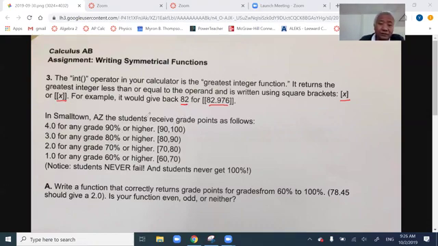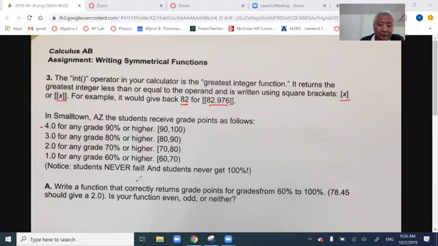Right now, we need to use this greatest integer function to do the calculation, because they said the grade system is this. You get 4 points for any grade of 90, including 90, but less than 100. If it's 3, then it means you're 80% included and less than 90, and so forth.